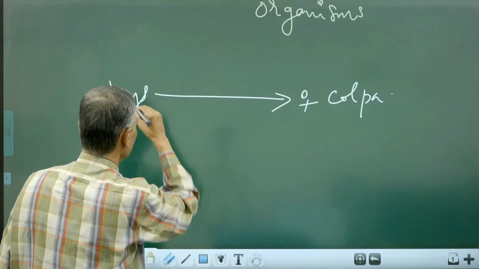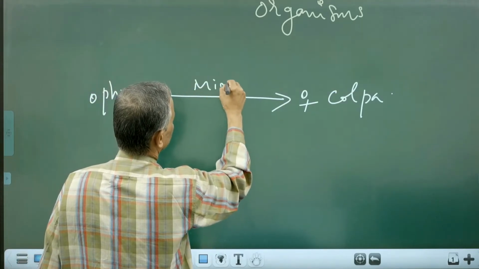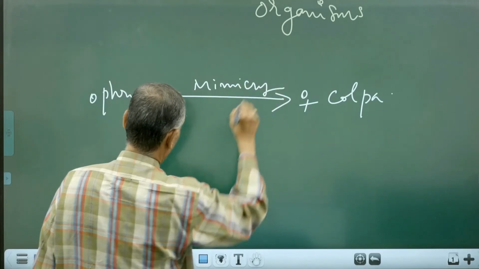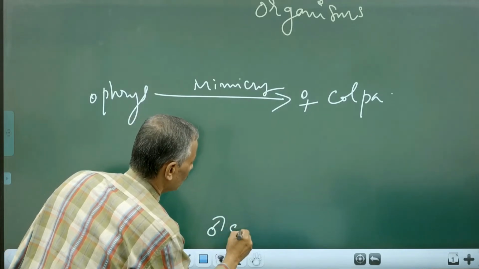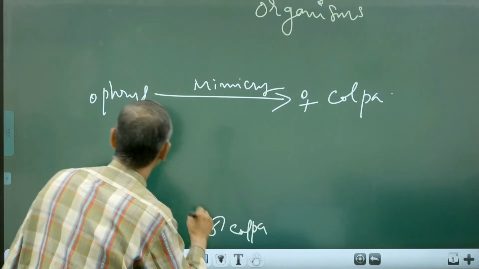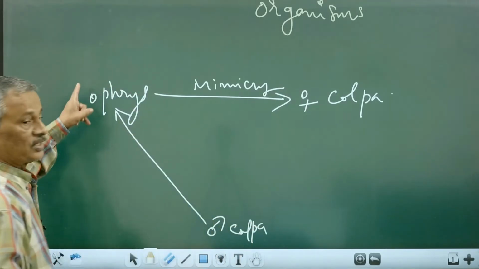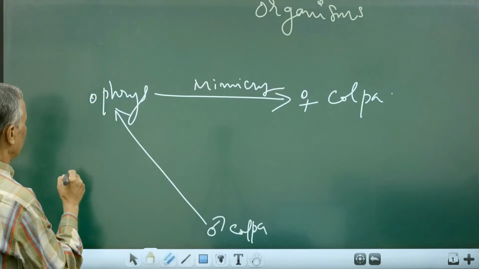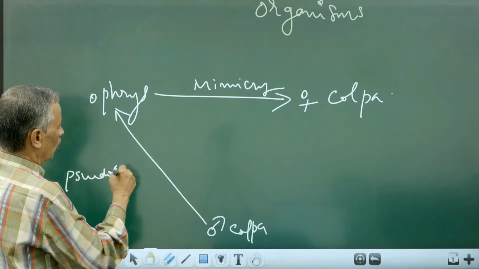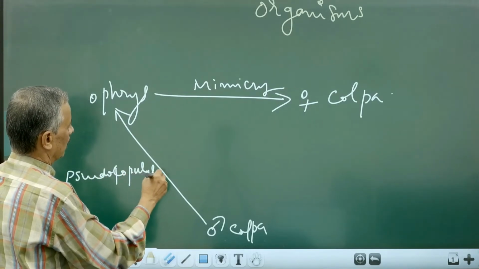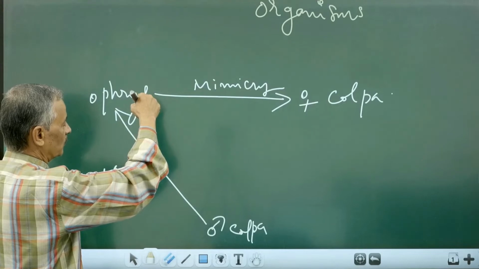And seeing this, it is showing mimicry. Seeing this, a male bee, male Colpa, thinks that it is a female sitting there. So it comes and performs pseudo copulation.